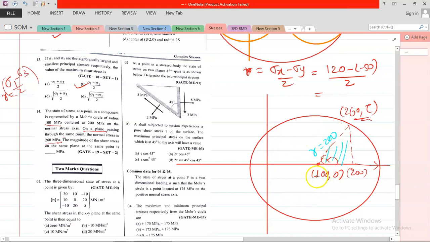Up to this location it is 100, and here the value is 260. To obtain the base of the triangle you subtract both values, so it will be 160. You know the radius and the base, so you can find the height using the Pythagoras theorem: 200 squared is equal to 160 squared plus h squared.